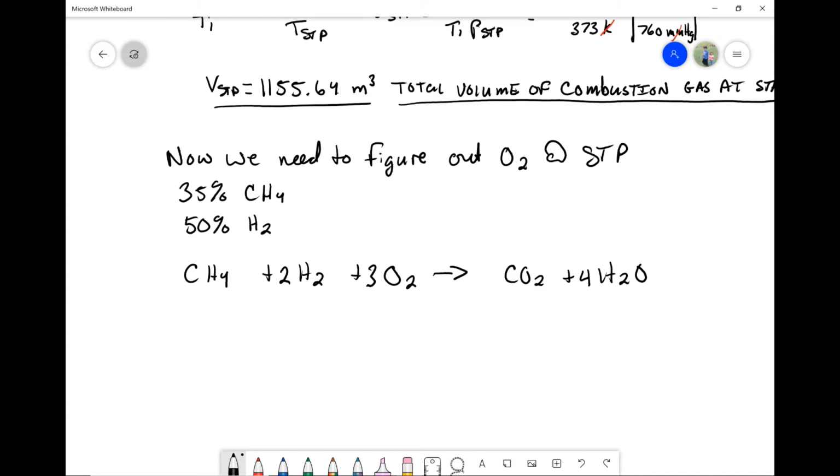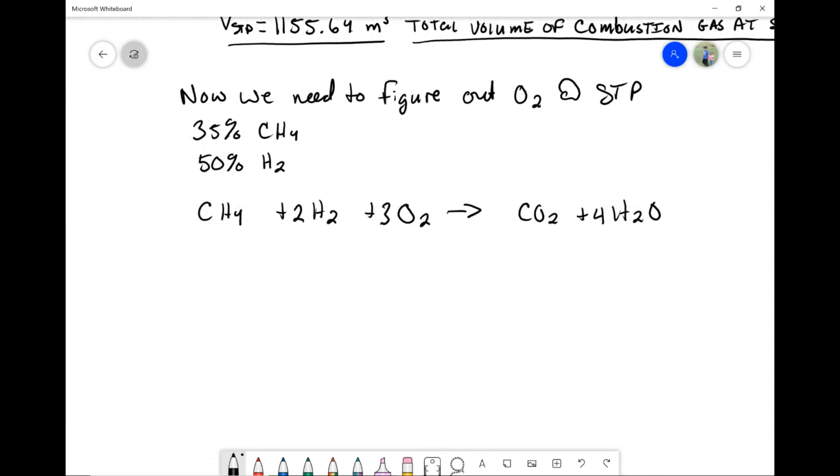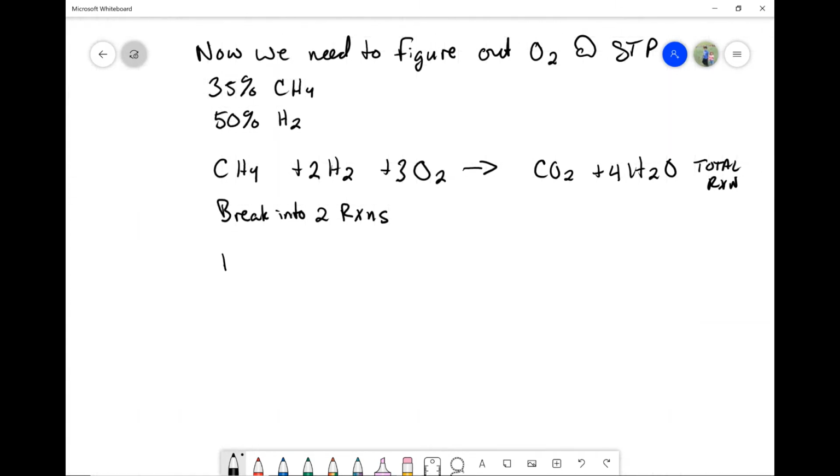So we have our total reaction here, but we're going to break it into two reactions. I like to do it because to me it makes it simpler, and it follows the old adage of breaking down the elephant. I think this is balanced, so this is the total reaction.